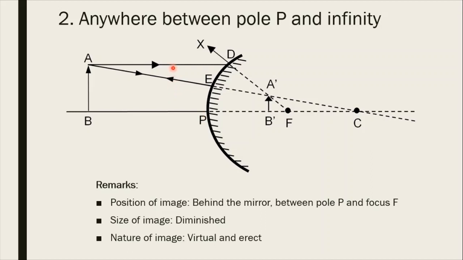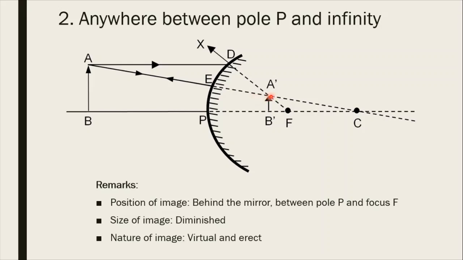The first ray is the paraxial ray, and after reflection, it appears to diverge. The second ray is the ray which is going to pass through the center of curvature of the spherical mirror. Again, since we have extended both these rays behind the mirror, they are shown in dotted or dashed lines.